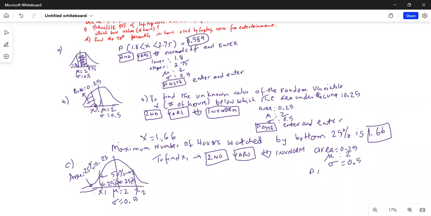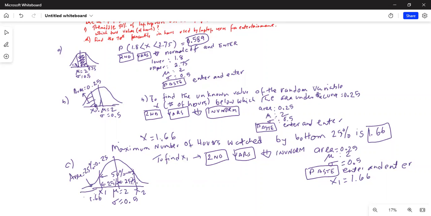Then paste, enter and enter. Of course, we did this in part B already anyways. So this x1 will come out as 1.66, because the area below it is 0.25.